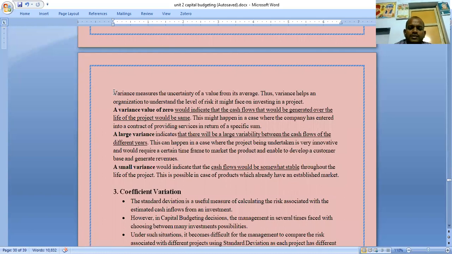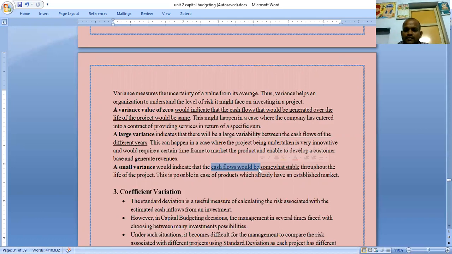So variance measures the uncertainty of the value from its average. So how much variance is there? Say, for example, a small variance would indicate cash flow would be somewhat stable. Small variance means it is deviated from the averages.